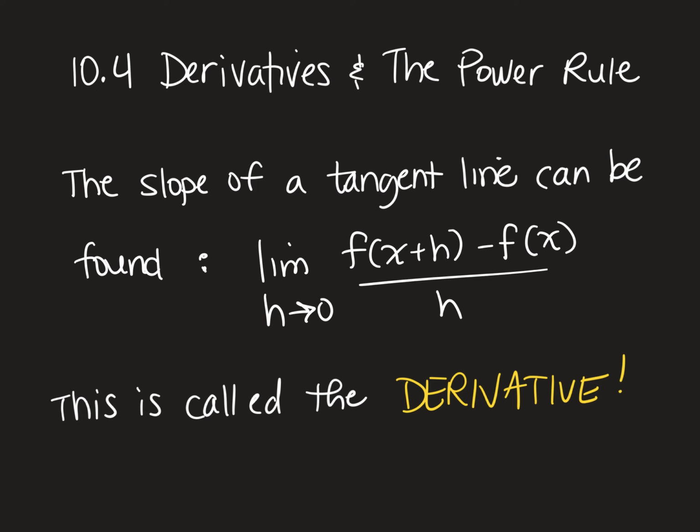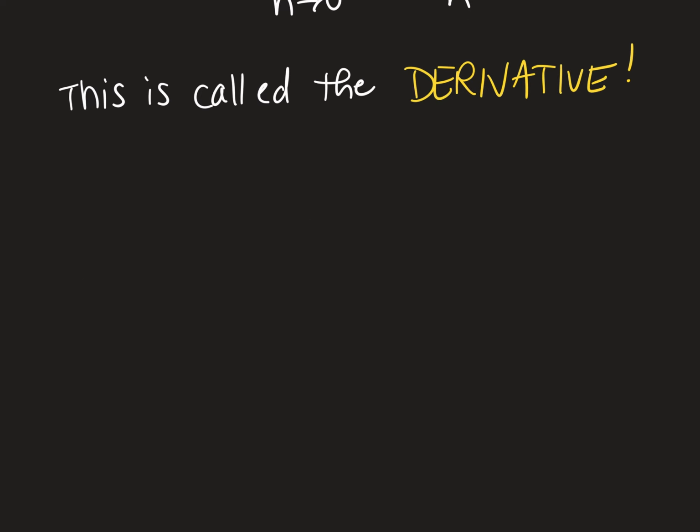So when we're finding a derivative, we're really finding a rate of change. So it's a pretty important concept. What I want to do today is look at some functions that we've done with the limit and see if we can start to find a shortcut for this process. So we're going to look for a shortcut.